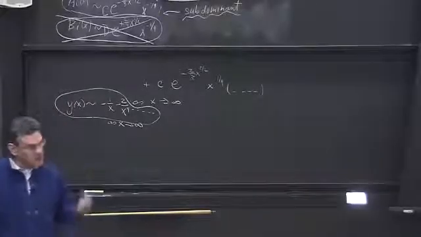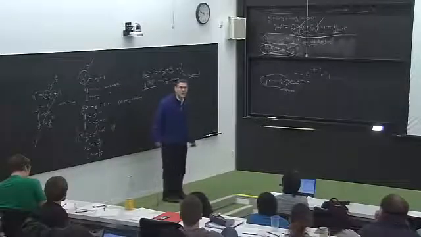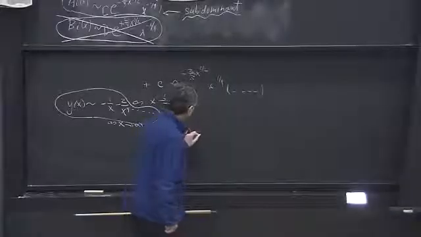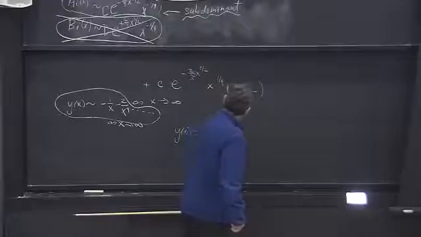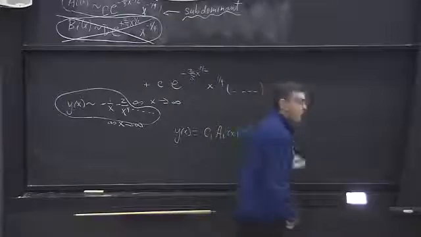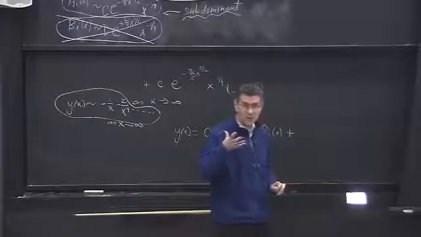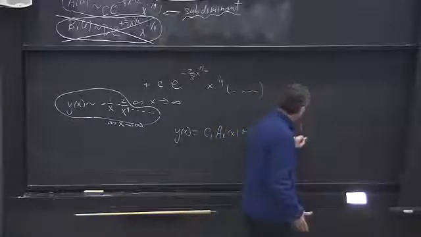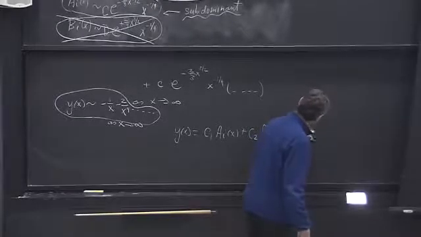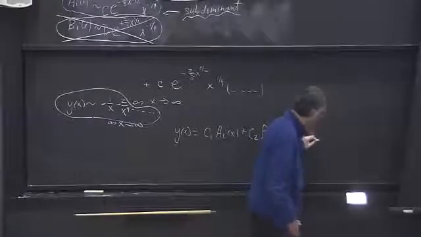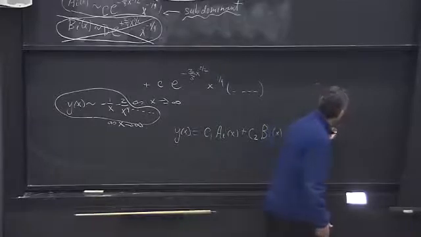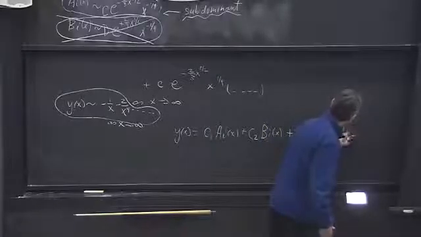If you wanted to solve it exactly, you could go to the books and say the exact solution is y of x equals some constant times Ai of x plus some other constant times Bi of x plus a very complicated variation of parameters integral, involving Ai and Bi over the Wronskian.